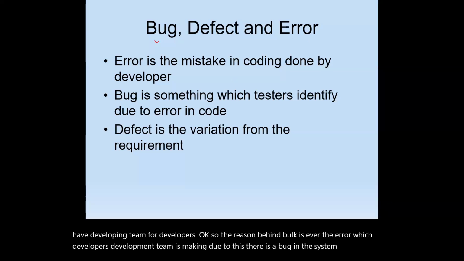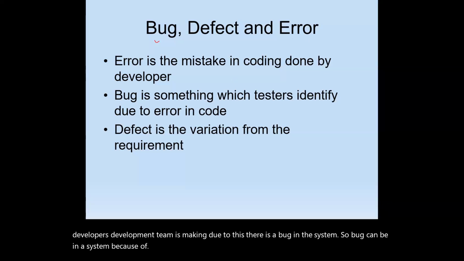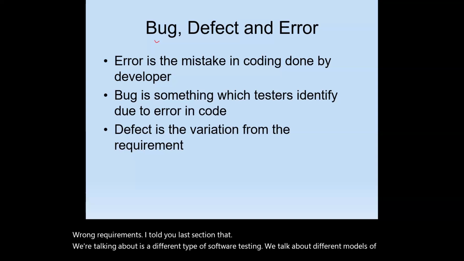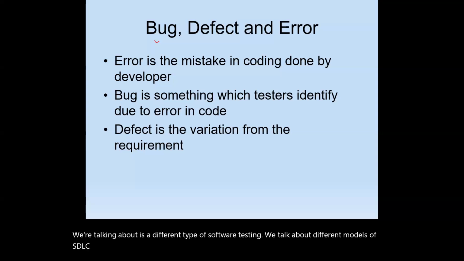So a bug can be in a system because of wrong requirements. I told you last section, when I talked about different types of software testing, we talked about different models of SDLC: the V model, the waterfall model, the incremental model, and the spiral model.